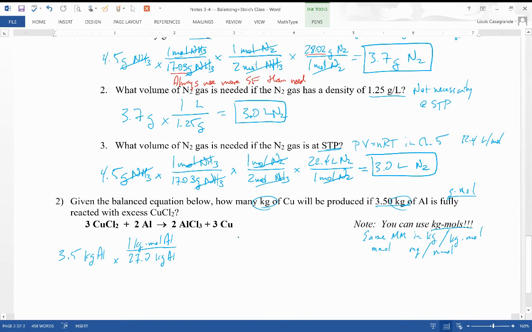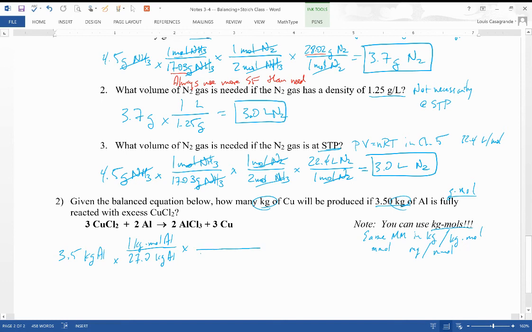Now, this is not going to give me exactly the same answer as if I had converted to moles, because it'll actually be 1,000 times less. But now in my mole to mole ratio, it's going to be kilogram moles to kilogram moles.